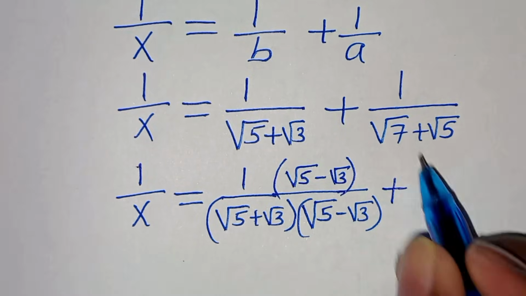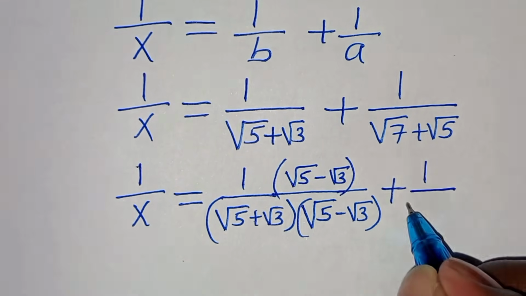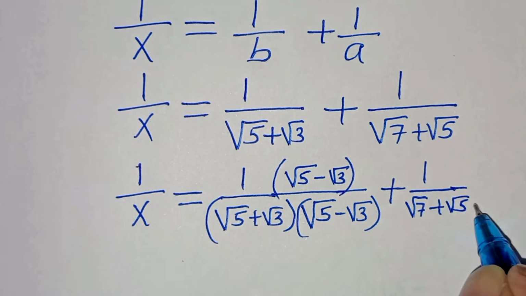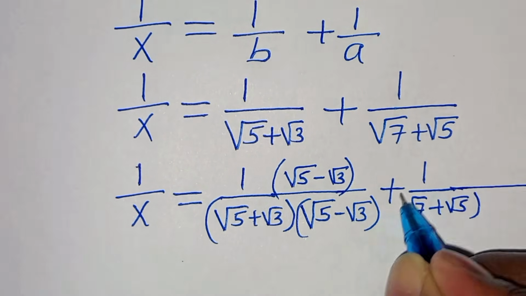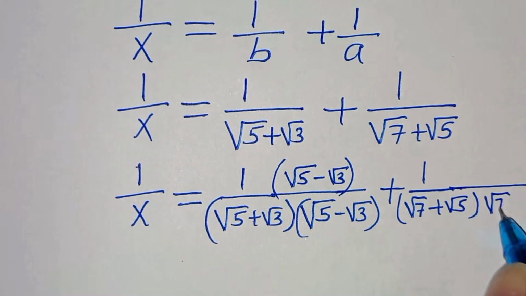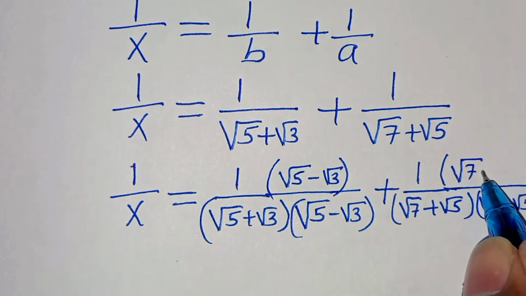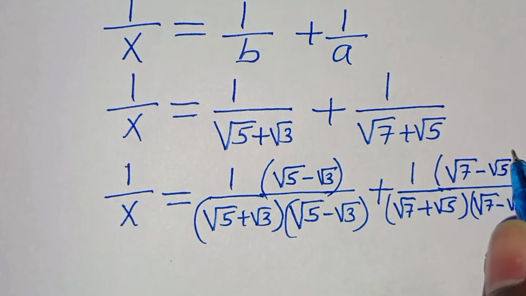Then plus, now here we have 1 over square root of 7 plus square root of 5. Now let's again introduce a conjugate here, which is square root of 7 minus square root of 5. We also multiply the numerator with square root of 7 minus square root of 5.